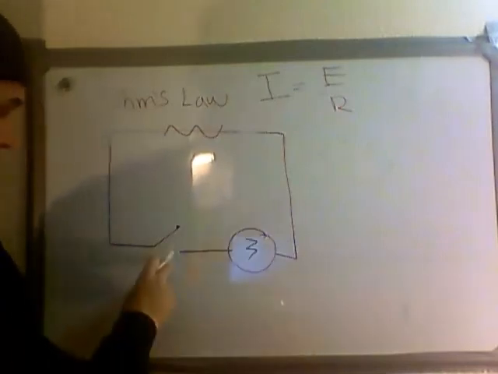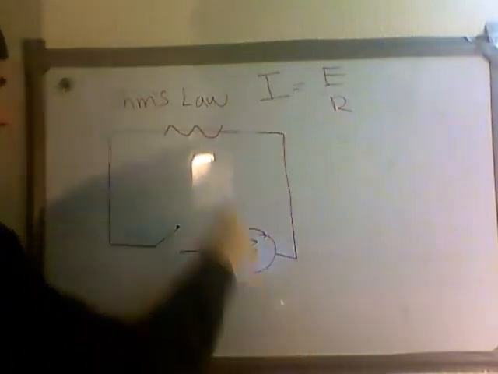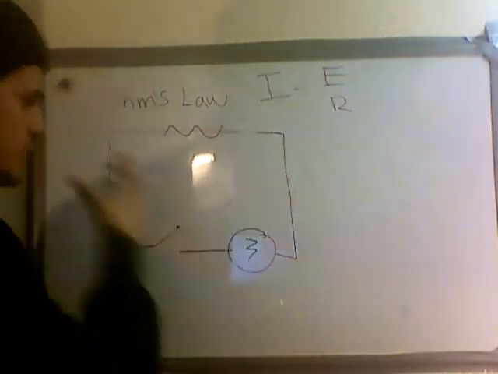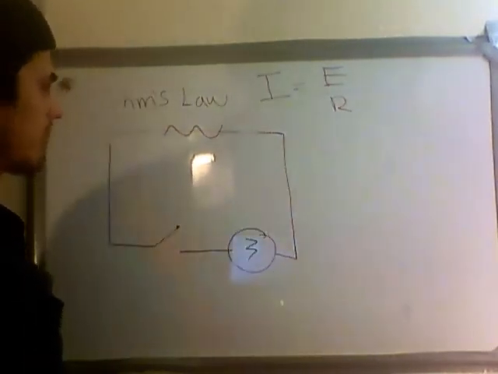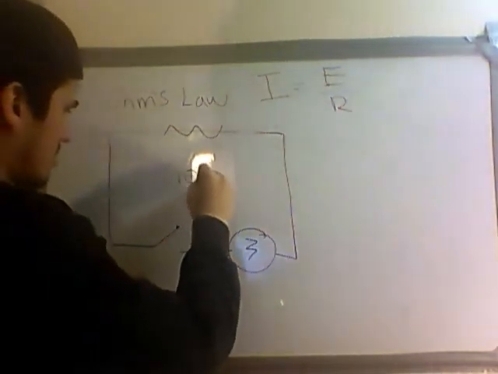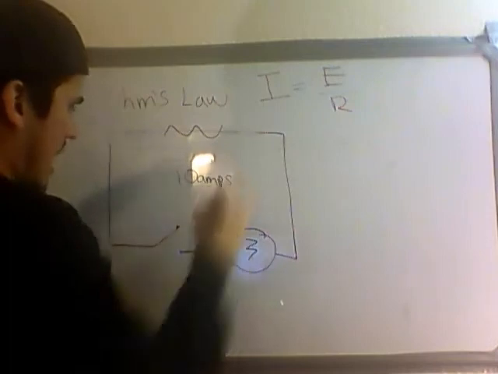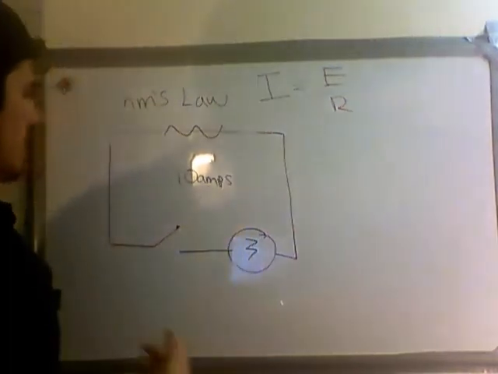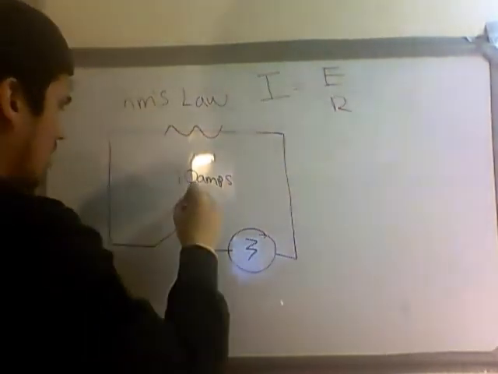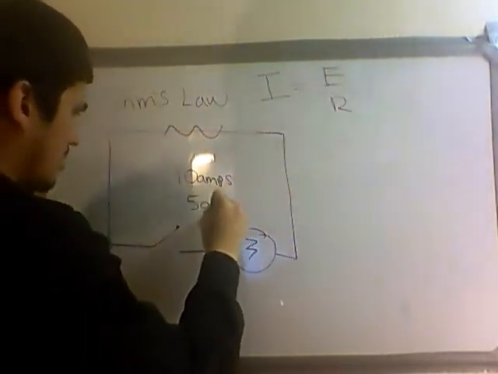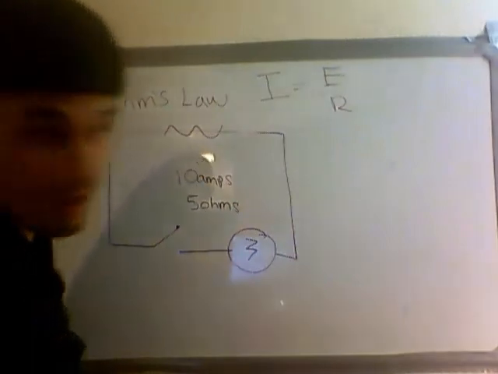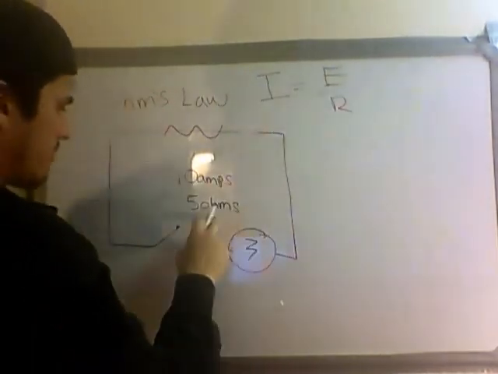A circuit has a switch, power supply, and a load, and that's very important, but I'm not getting into loads yet. That's going to be important later. So this system's pulling, let's say, 10 amps, and it's got a resistance in it of 5 ohms. So that's legible. All right, so 10 amps, 5 ohms.